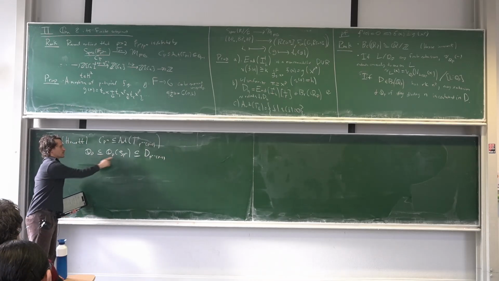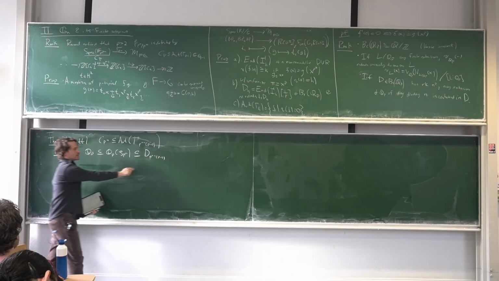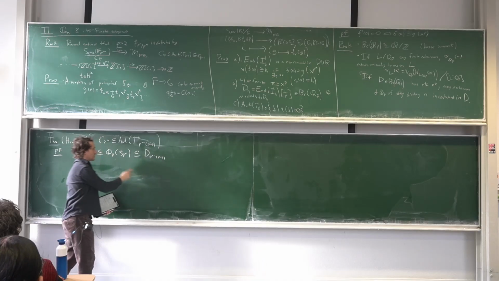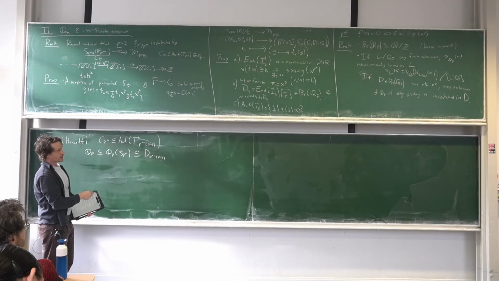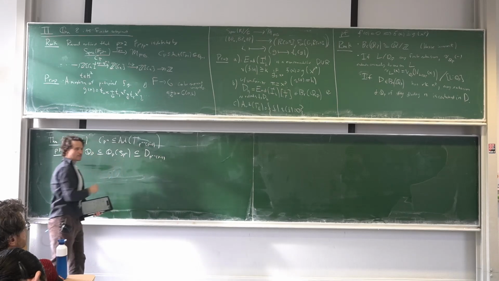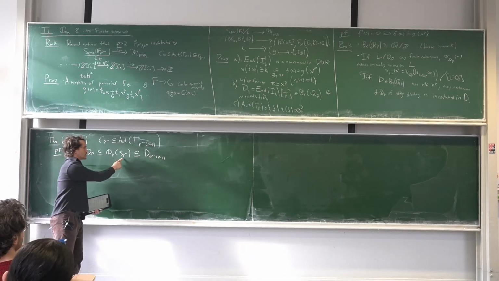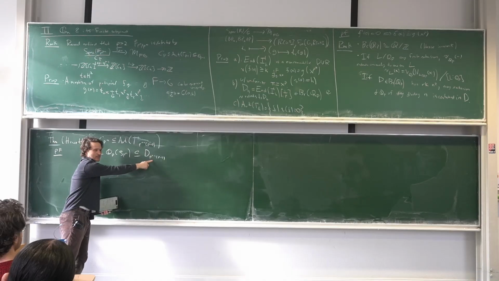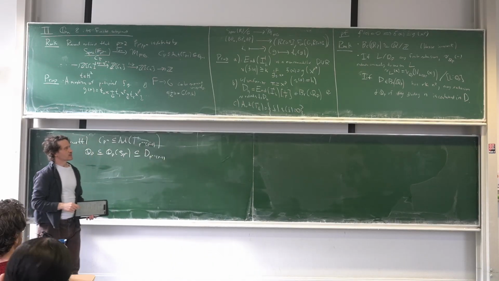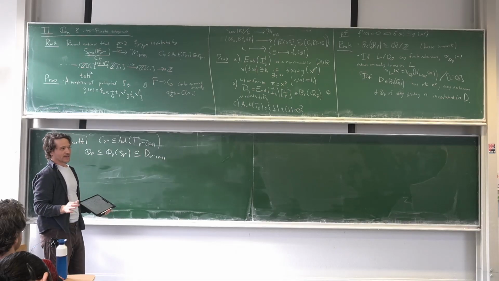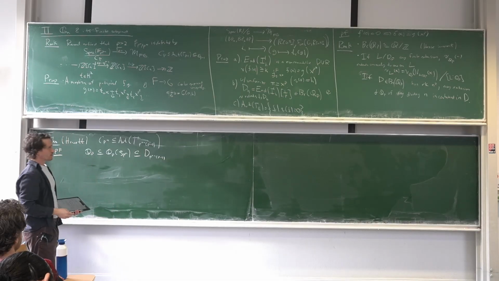This field extension here has this degree, and so the third point over here tells me that I have this containment here. So that tells me I have an element of order p^n in this division algebra, and I just need to check its valuation is 0, and then I have a C_{p^n} subgroup of here.